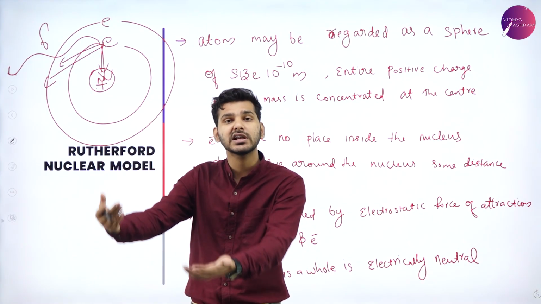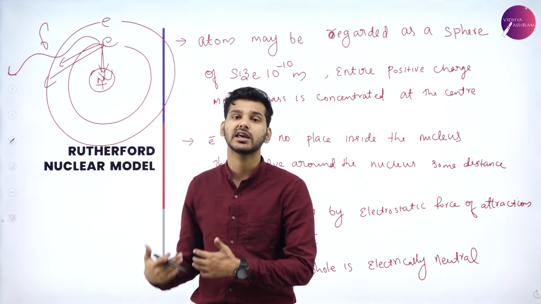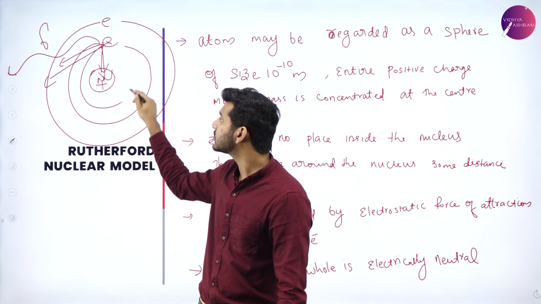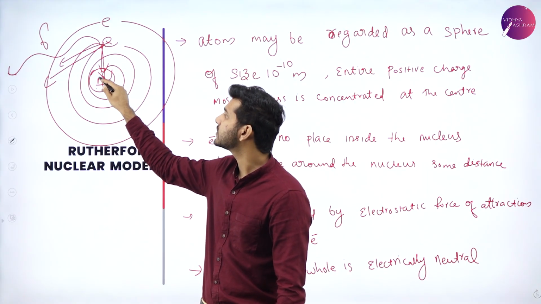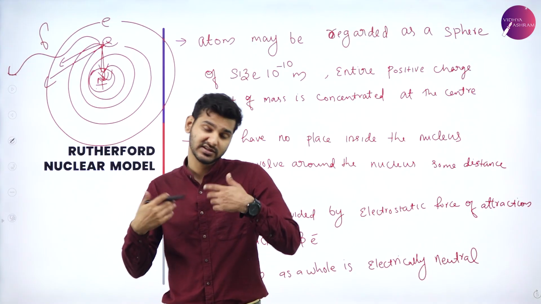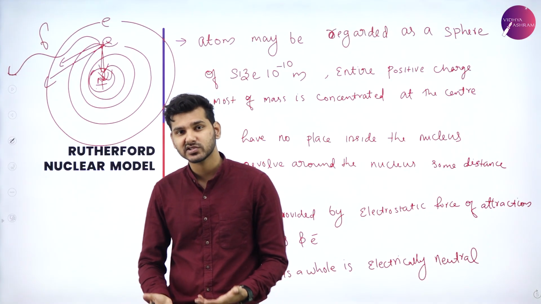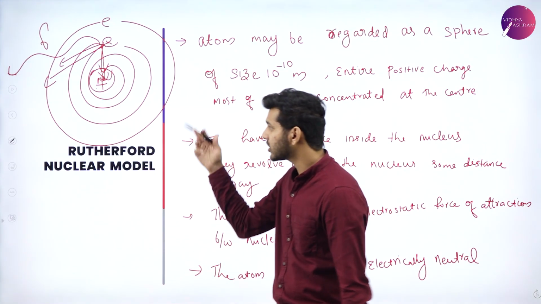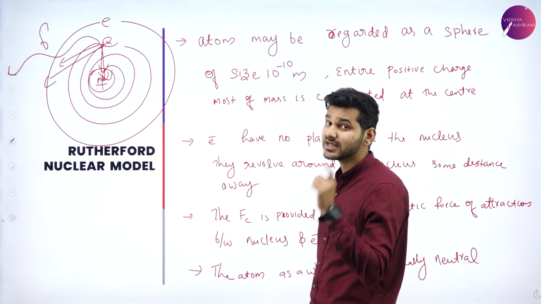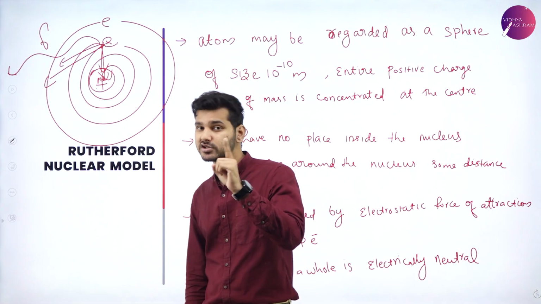If it emits radiation, obviously it will lose its energy. If it loses its energy, it will spiral out of control and then slowly land in the nucleus. So obviously this is not happening. If this was happening, all the atoms would just perish away. So this was actually a wrong conclusion that he arrived at. This was actually a drawback.